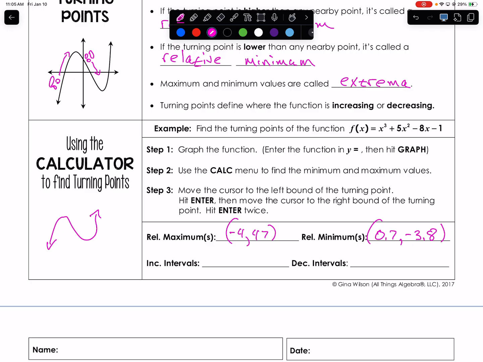Trinomial. No, that's number of terms. Cubic. It's a cubic what? There are 4 terms. What is 4 terms called? Monomials 1, binomials 2, trinomials 3. What's 4? Polynomial, yes. Good. So this is a cubic polynomial, right?